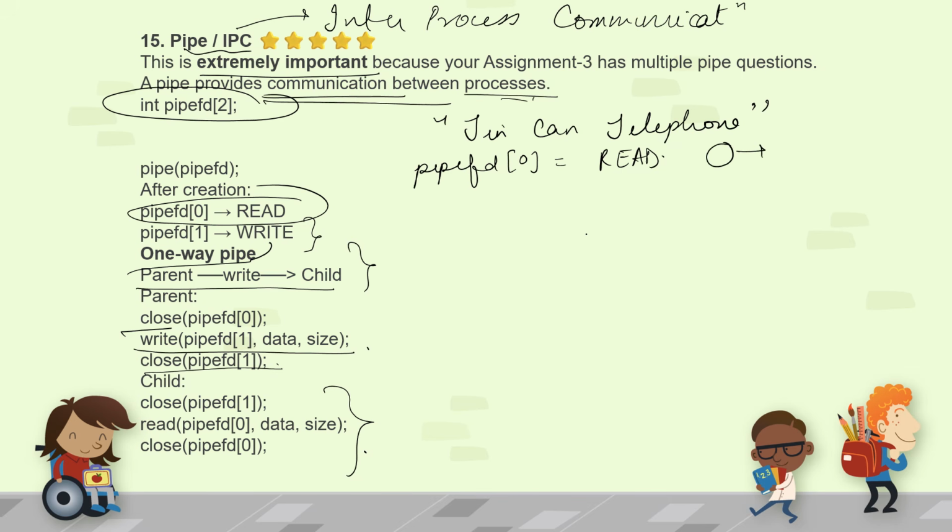Open mouth means reading. Or an open book: what do you do with an open book? You read the book. Similarly, pipe FD of 1 is write. Think of the number 1 as a pencil. What do you do with the pencil? You write in your copy.